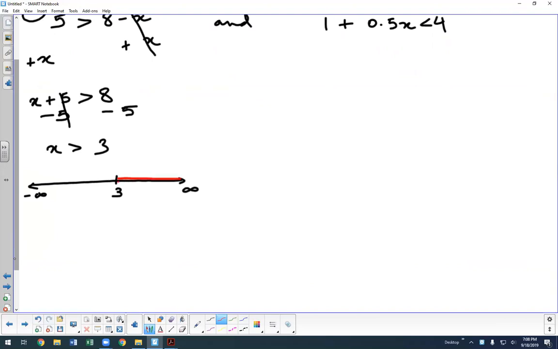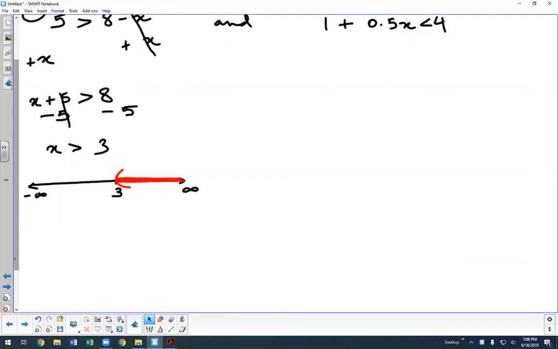And what's going to be on the 3 itself, parentheses or brackets? Parentheses, because this is just a greater than, there is no equal to sign on that 3. If you had greater than or equal to, we would have used a bracket.